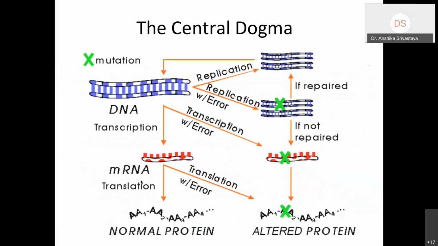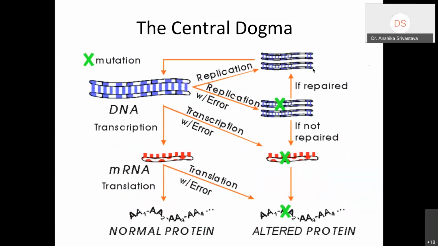But if there is some mutation, or I should say genetic variation, in the gene which is organized in the DNA structure, what you would expect is that the DNA will replicate with error. Either that genetic variation is repaired or not repaired. If it is repaired, it will continue to give you a normal copy.